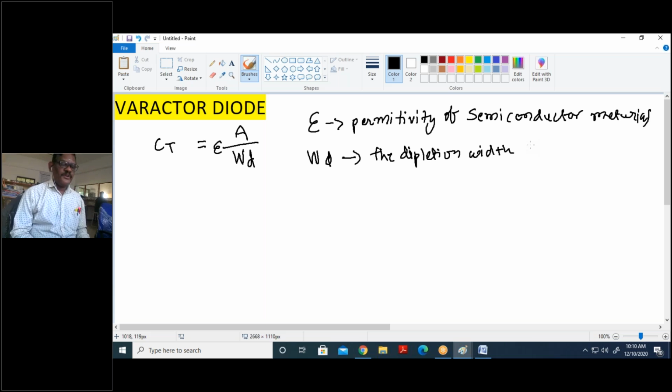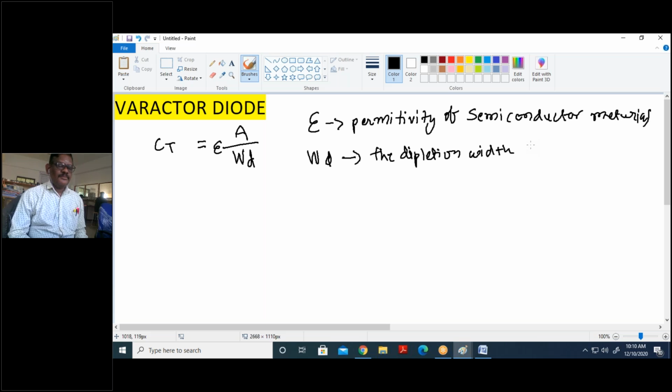As the reverse potential increases, the width of the depletion region increases, which in turn reduces the transition capacitance, because CT is inversely proportional to WD.